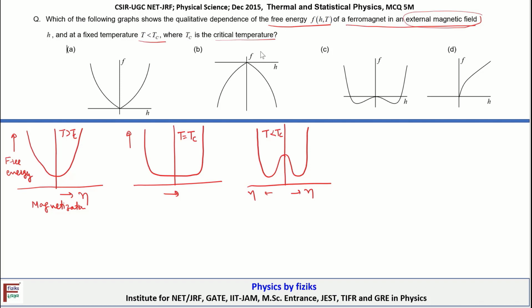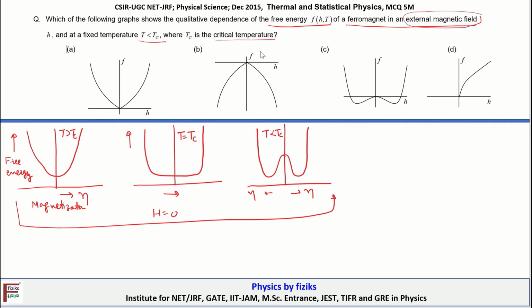And this is the situation when there is no field. So when no field, all these three diagrams correspond to a situation when external field H is equal to 0.